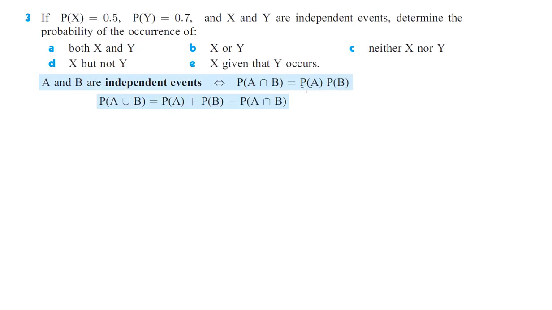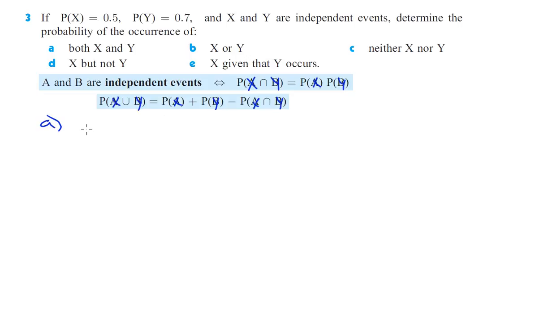We are going to want to use this for A here, because A is asking what's the probability of the occurrence of both X and Y. So that's what this means. That's X and Y, or A and B, which in this case is going to be X and Y, because we're just going to change to X's and Y's for this problem here, right?